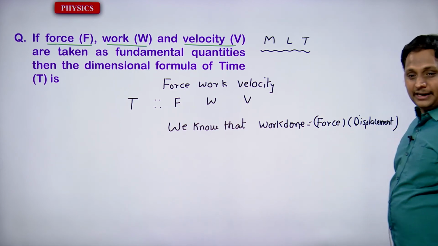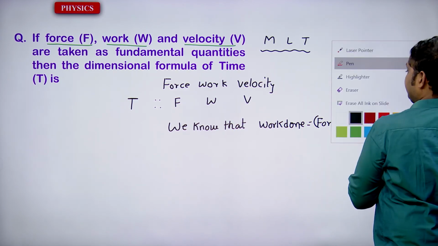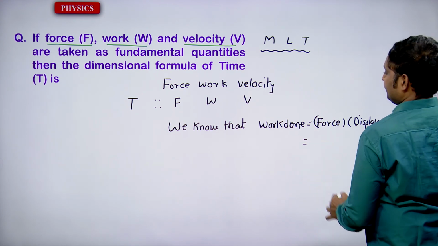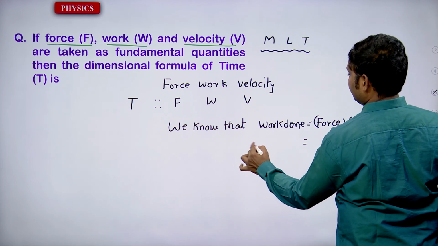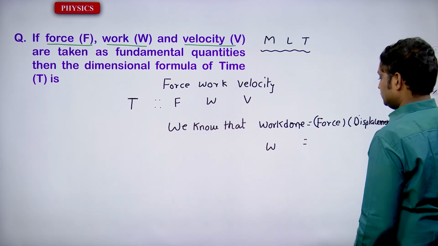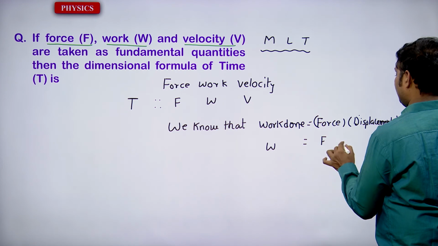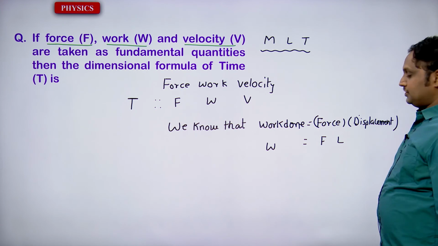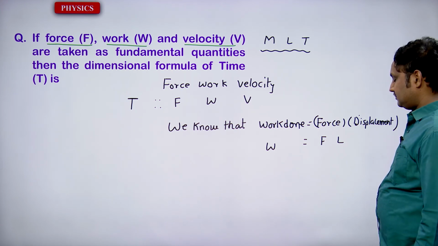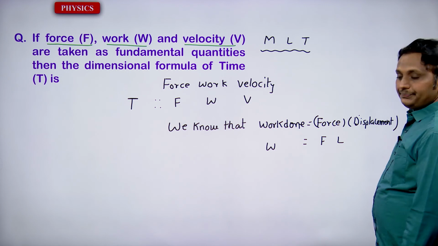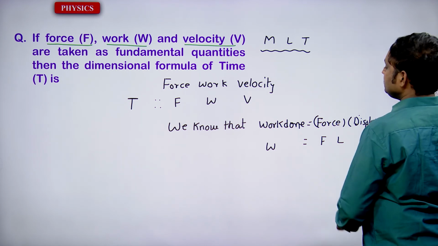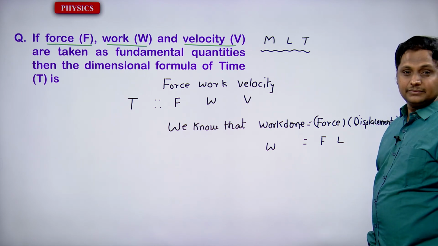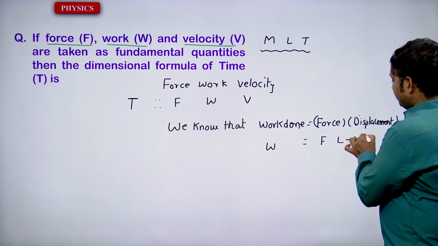Therefore, work done, that is W, can be expressed as force and displacement, which we generally take as L. So W is equal to F into L. This is equation number 1, let us assume.